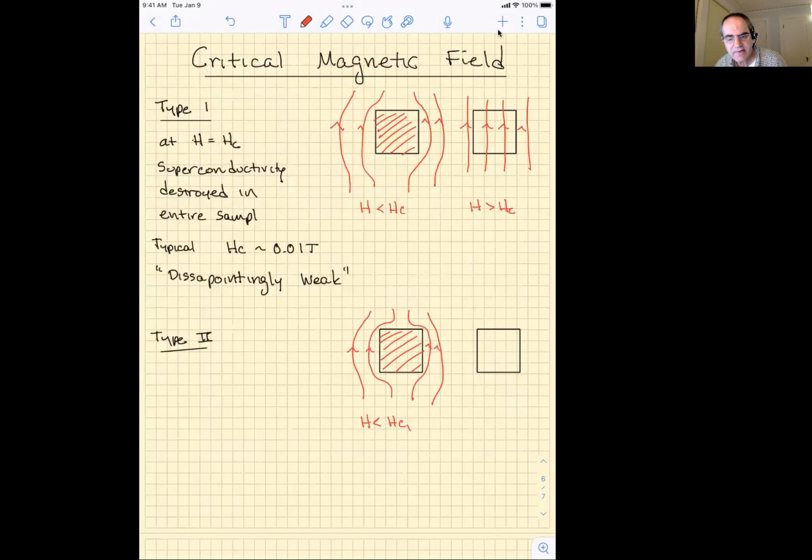When we reach the critical field, or what we'll call the first critical field, Hc1, the magnetic field penetrates through the material but in the following form.